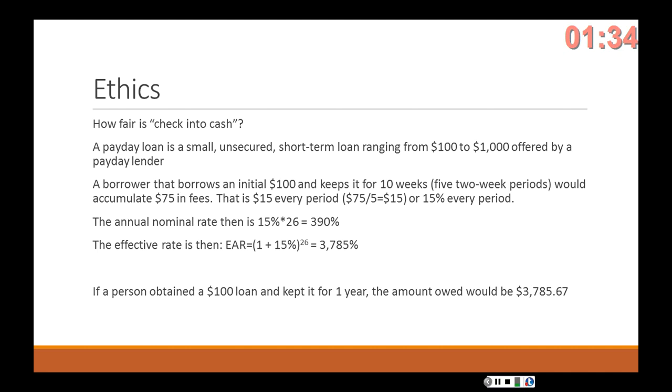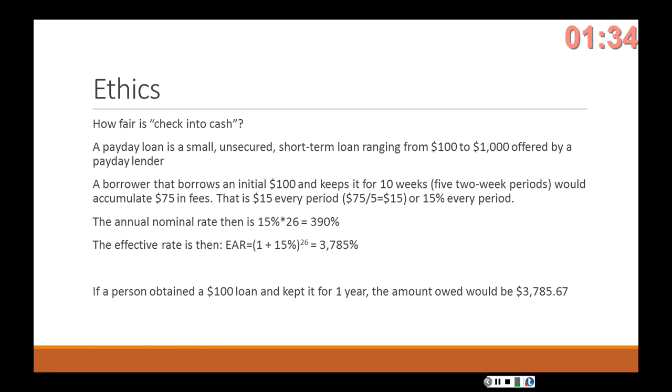The effective rate, here we have 1 plus our nominal rate, so our 390% divided by 26, raised to the 26th power, is 3,785%. So if a person got a $100 payday loan and kept it for 26 2-week periods, so 52 weeks, 1 year, at the end of that year, they would owe $3,785.67.